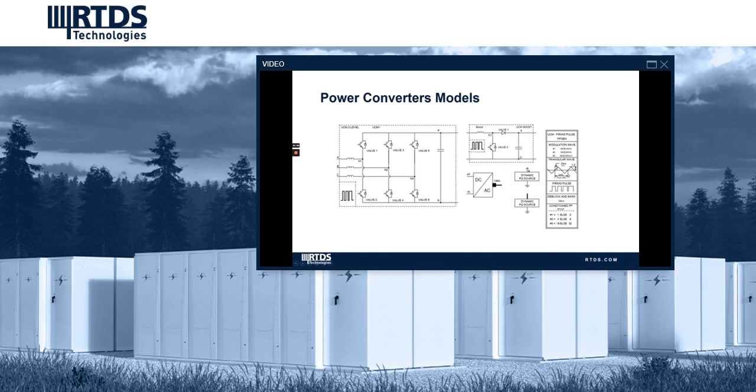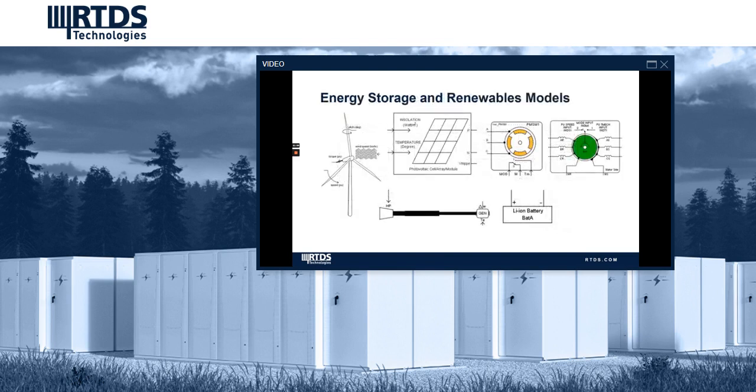In addition, the RTDS has very detailed and accurate control models to generate the high switching frequency for firing pulse-based converter model systems. The RTDS library also has available models for wind turbines, PV arrays, lithium-ion batteries, and an extensive library of machine models for energy storage and renewable applications.